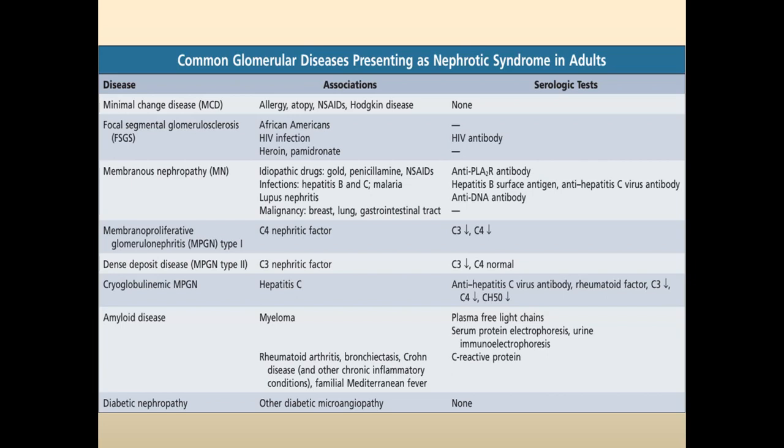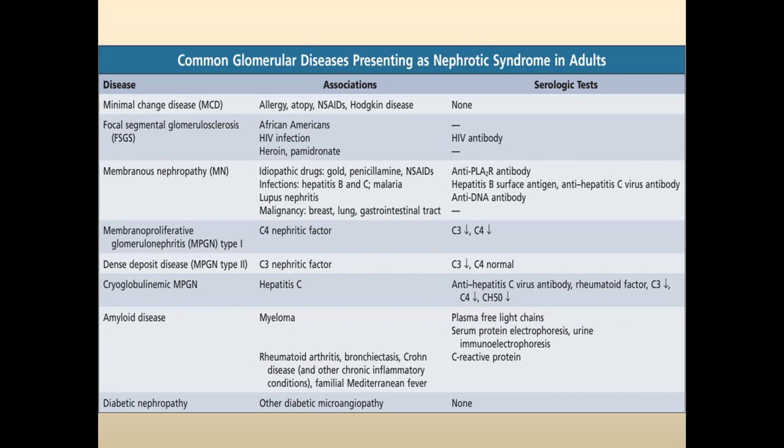If the patient has jaundice or ascites, the patient should go for serology like hepatitis B surface antigen, anti-hepatitis C virus antibodies, and anti-DNA antibodies for lupus. In MPGN, C3 nephritic factor, serology shows C3 decreased, C4 decreased in the serum.